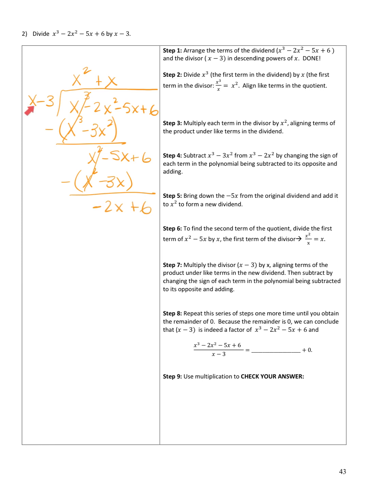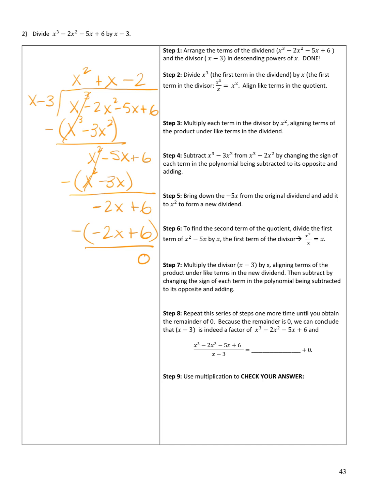I ask myself, what do I multiply x by to make negative 2x? And the answer is negative 2. And then I multiply that negative 2 times my x minus 3. So negative 2 times x gives me negative 2x. Negative 2 times negative 3 gives me positive 6, and I subtract, and my remainder is 0.